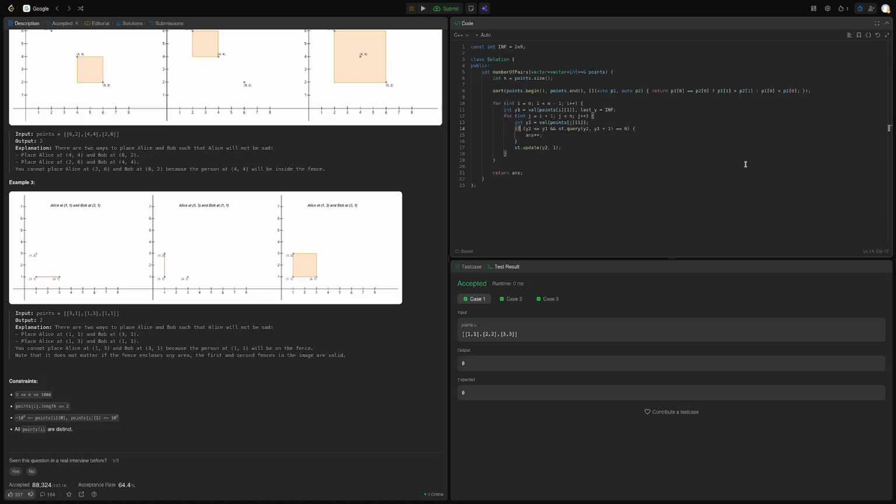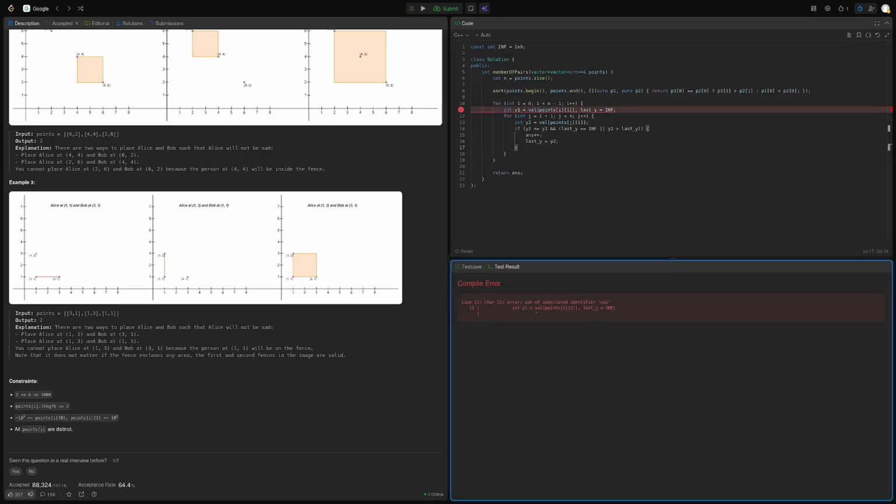So that's y2. And now if this holds and last y is infinity or y2 last y, ans plus plus, last y is y2, and then we don't need it, and I think that's it.